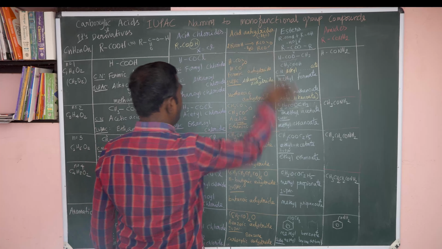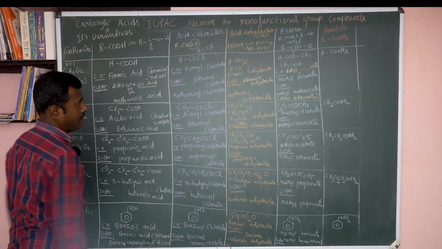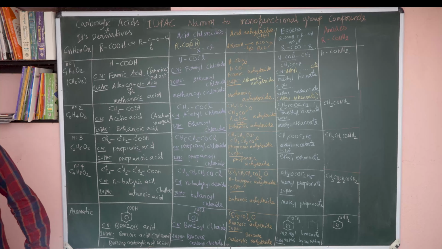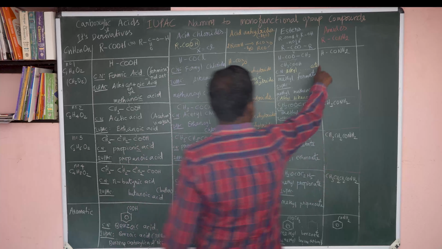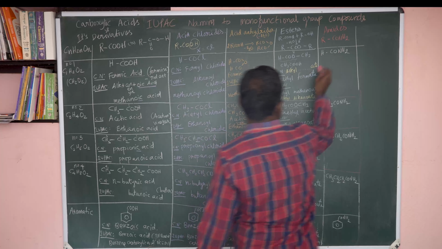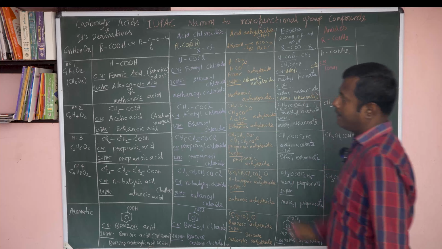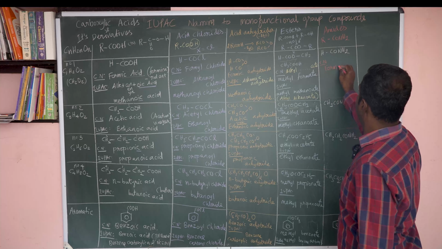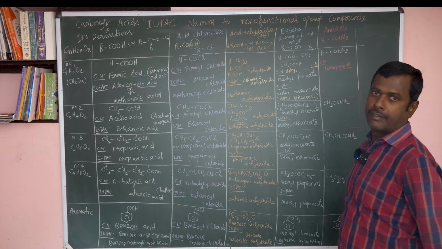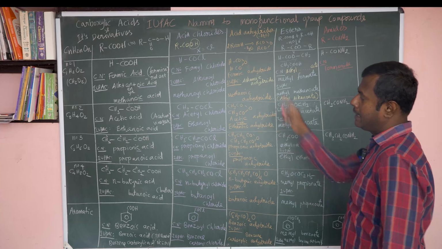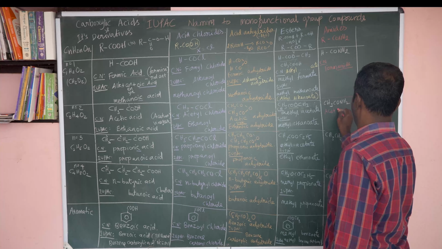The amide name is also given from the parent acid. Acid is actually the parent. HCONH2 is formed from formic acid, so the common name is formamide: the two letters ic are replaced by amide. From acetic acid, ic is replaced by amide, so acetamide.